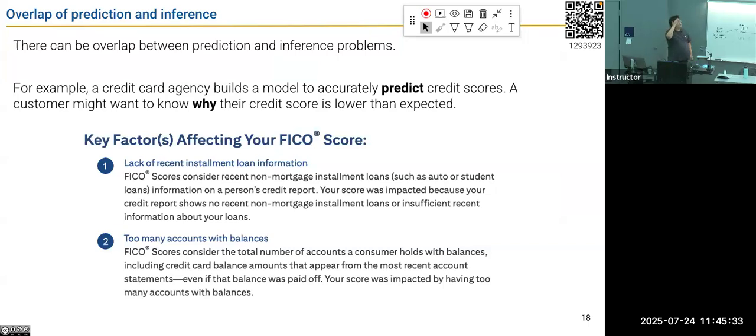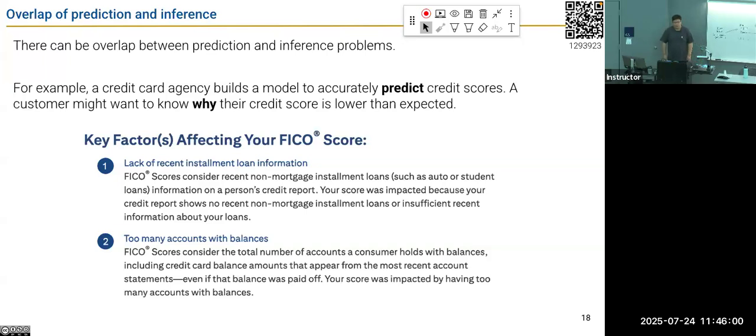But you should also know that although we discussed these two, prediction and inference, as separate categories, there is not a clear-cut boundary between them. Sometimes things are mixed up. One example is your credit score. Credit card companies build models to predict your credit score as accurately as possible.